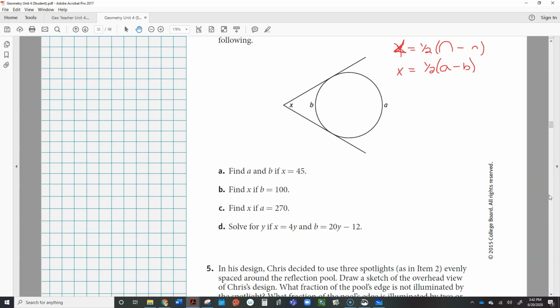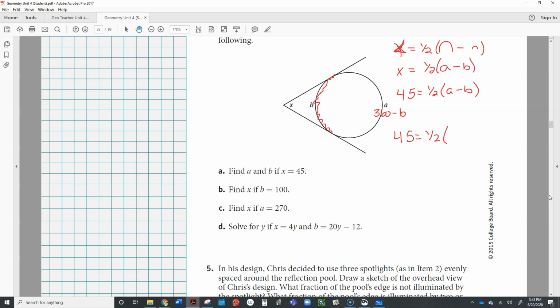And they want us to find the measure of A and B if X is 45. So you're thinking, I can't do that because 45 is only one number, and A and B are two variables. All I can do is find their difference. Well, this is not true. Remember a while ago, we said that whatever this one is right here, this one is going to be 360 minus that one. So this arc right here is called B. They called this one A, but we could also call it 360 minus B. Why is that helpful?